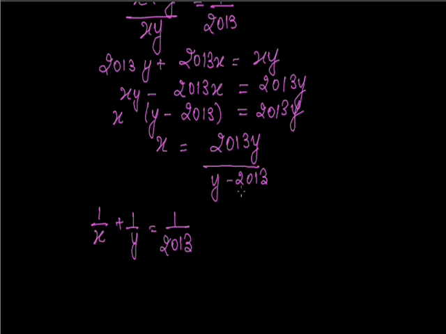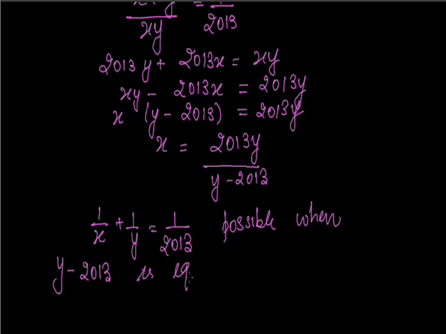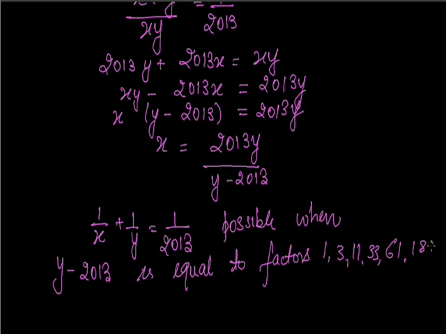It is only possible when, since x is an integral value, y minus 2013 is equal to a factor of 2013: 1, 3, 11, 33, 61, 183, 671, 2013.